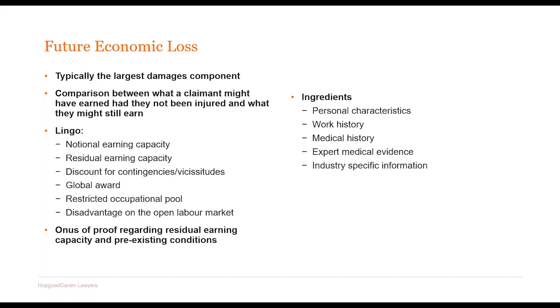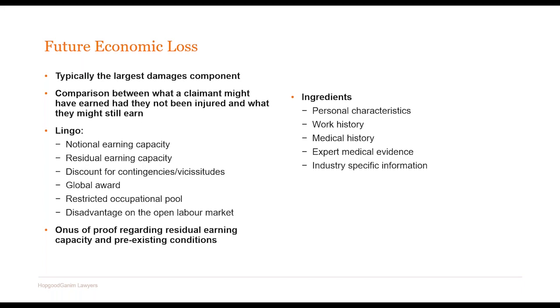We might also apply a higher discount for a claimant employed in a finite or uncertain industry like mining, or for a claimant with another serious health condition that's likely to impact on their earning capacity. Now, it's important to note with that type of factor that there would need to be expert medical evidence on that point, not just a bald assertion that someone with a cardiac disease, for instance, might not work for as long as another claimant.